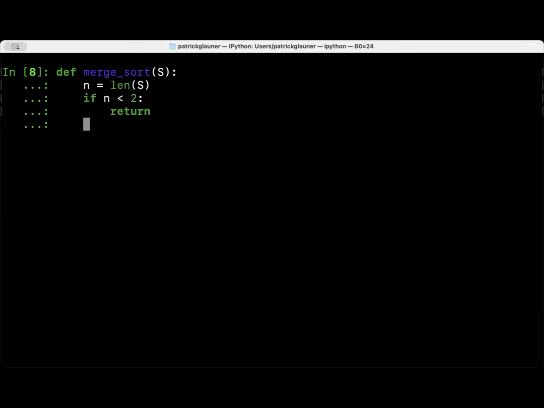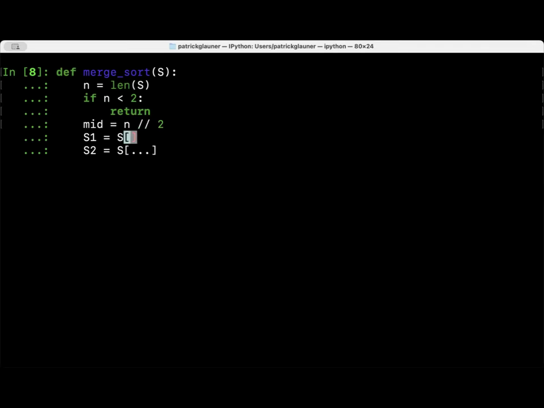Now, I need to split S into S1 and S2. What I typically would do is split S into half. So I need a middle index, mid, which is n divided by 2, with integer division.